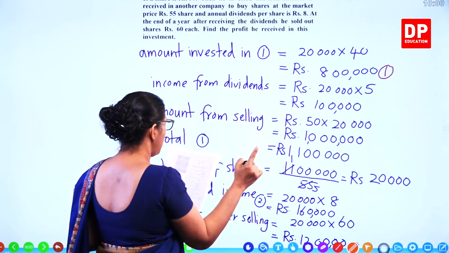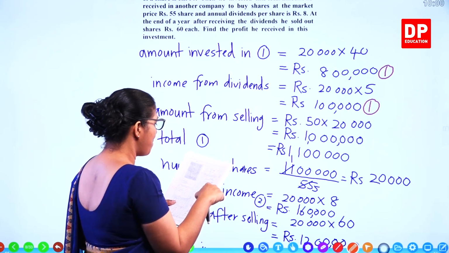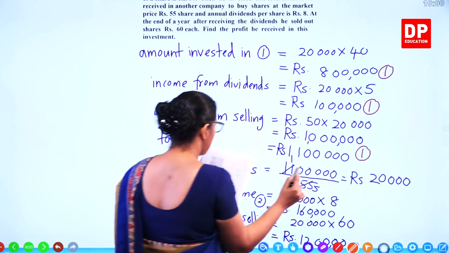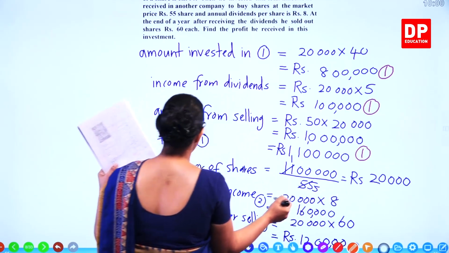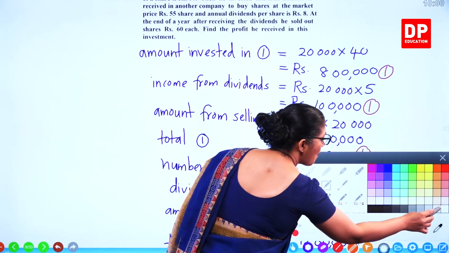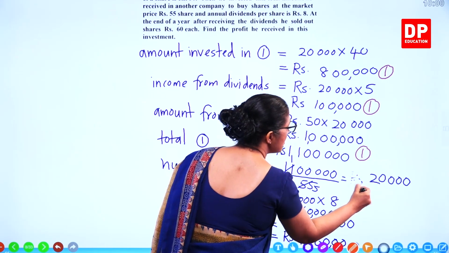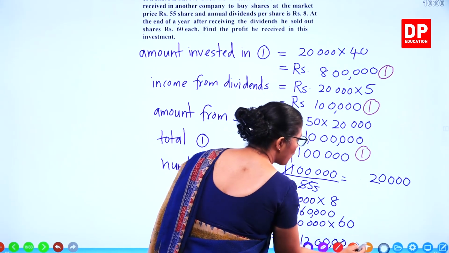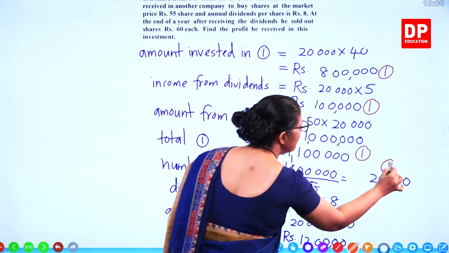And then 100,000, 1 mark. Then total, 1 mark. And 20,000 is the number of shares. Here, not rupees, this is just the number of shares. So you can get 1 mark there.